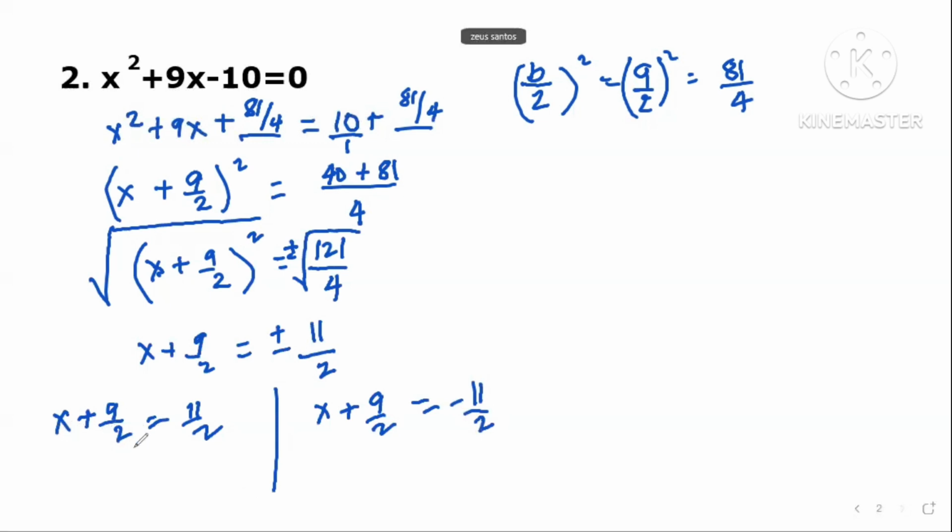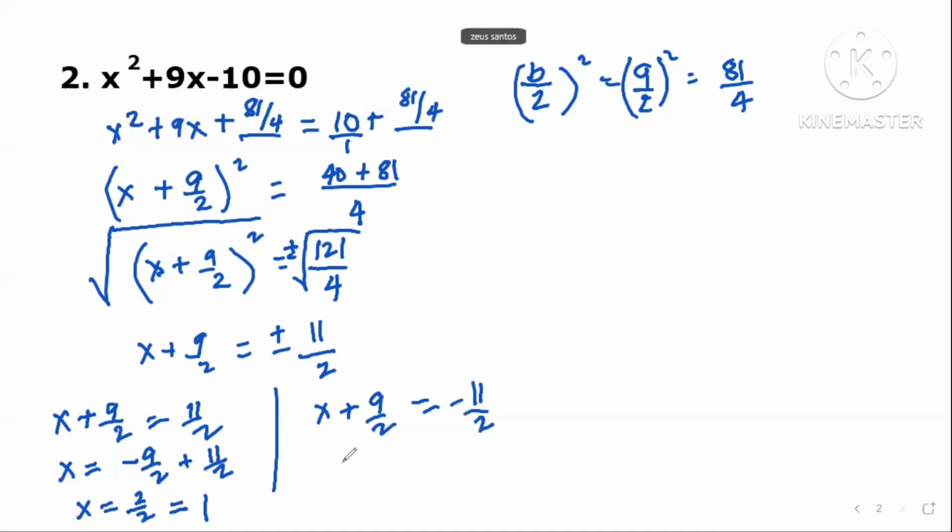Now, if x plus 9 over 2 equals 11 over 2, lilipat lang natin yung 9 over 2. We have x is equal to negative 9 over 2 plus 11 over 2. O this time, we don't need the LCD anymore, no? Kasi pareho naman ang denominator. So, subtract lang natin yung numerator. 11 minus 9 is 2. So, that is 2 over 2 or 1.